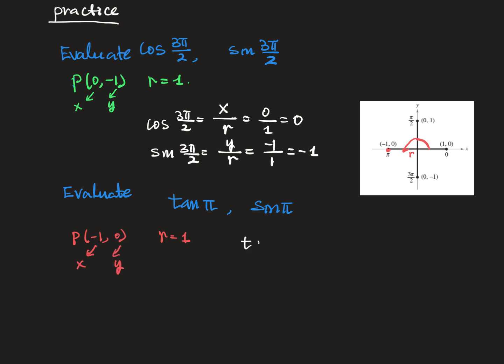So tangent pi, what is the tangent definition? Y over x. Y value is 0, x value is negative 1. 0 over negative 1 is 0. Sine of pi is y over r. What is y value? 0. R value is 1. So this one is 0.